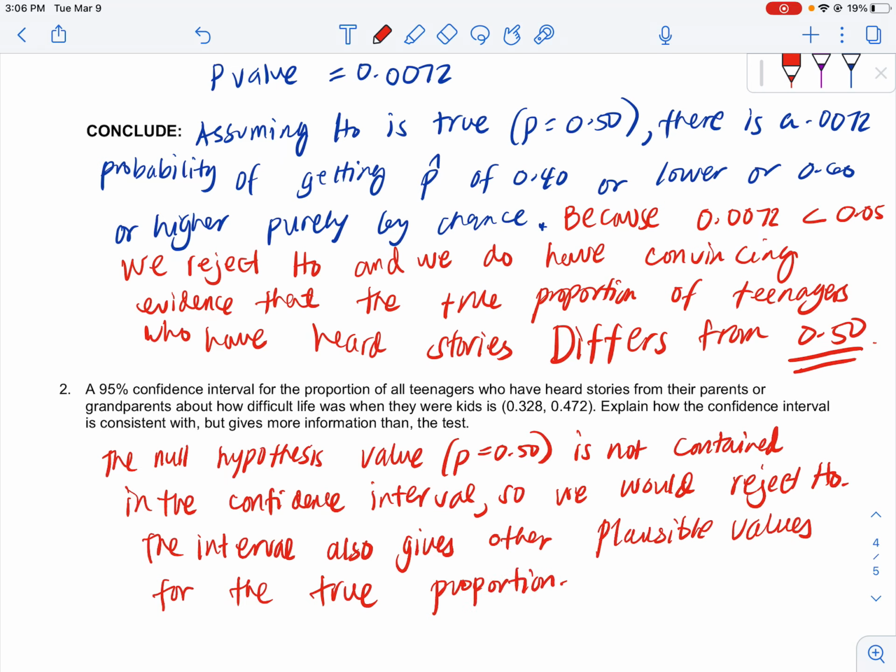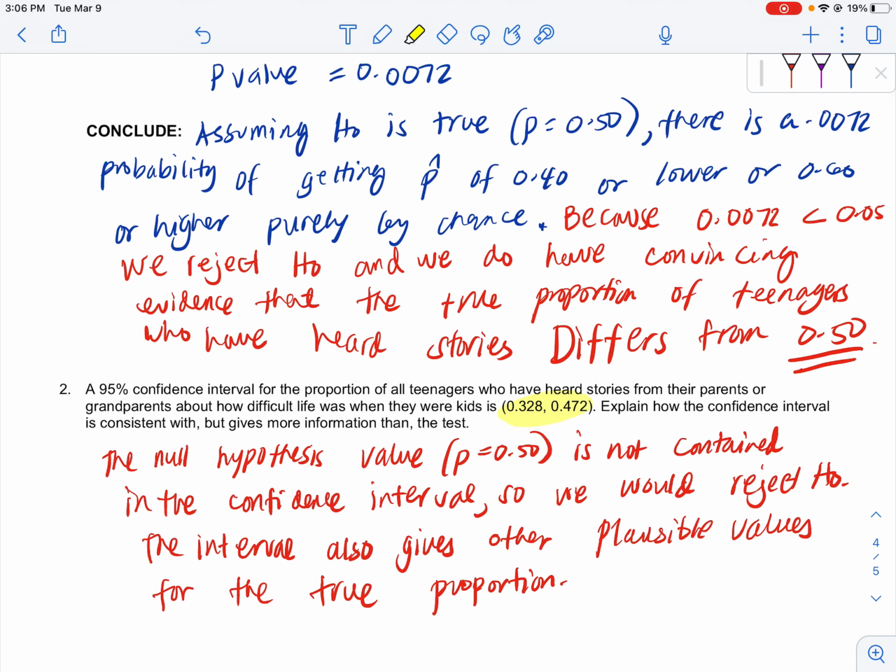And let me clarify. Remember when we did the z-test, it showed us convincing evidence that it is not 50%. It's above 50% or below 50%. In the z-test, we don't have that information if it's above or below. What we just know is that it's not equal to 50%. But our confidence interval tells us that it is not 50%, and that it's lower than 50%.